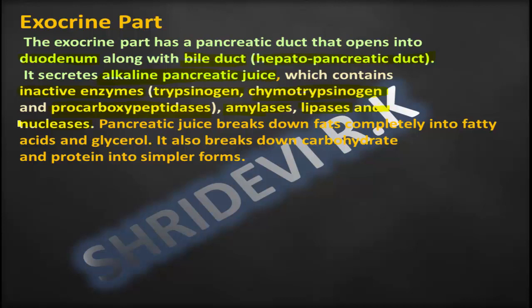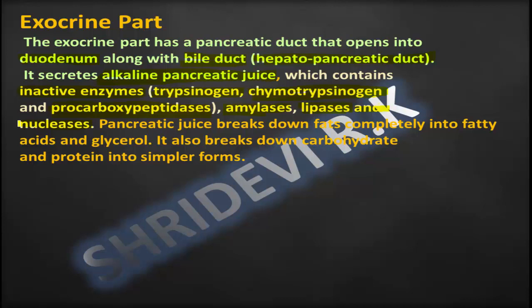Pancreatic juice is alkaline in nature. It is secreted from the exocrine part of the pancreas. Pancreatic juice breaks down fats completely into fatty acid and glycerol. It also breaks down carbohydrate and protein into simple forms. See, the bile salts present in the bile juice are sodium glycocholate and sodium taurocholate.